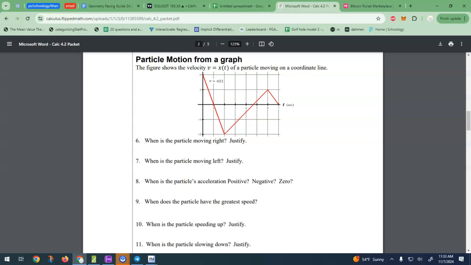My velocity would be positive because we're above the axis, and my acceleration is negative because the slope is negative. So that would be slowing down because those are different. And then I would justify by saying v of t and a of t have the same sign. And on the bottom one I would just write v of t and a of t don't have the same sign.